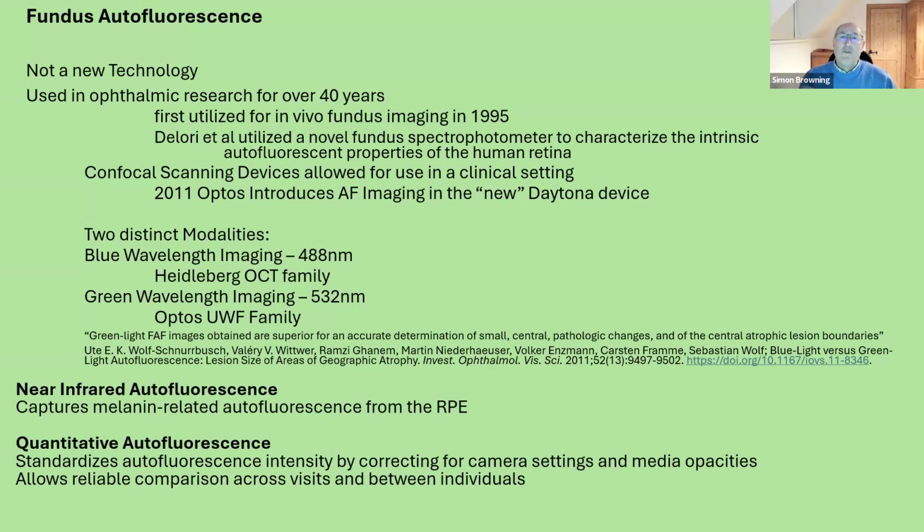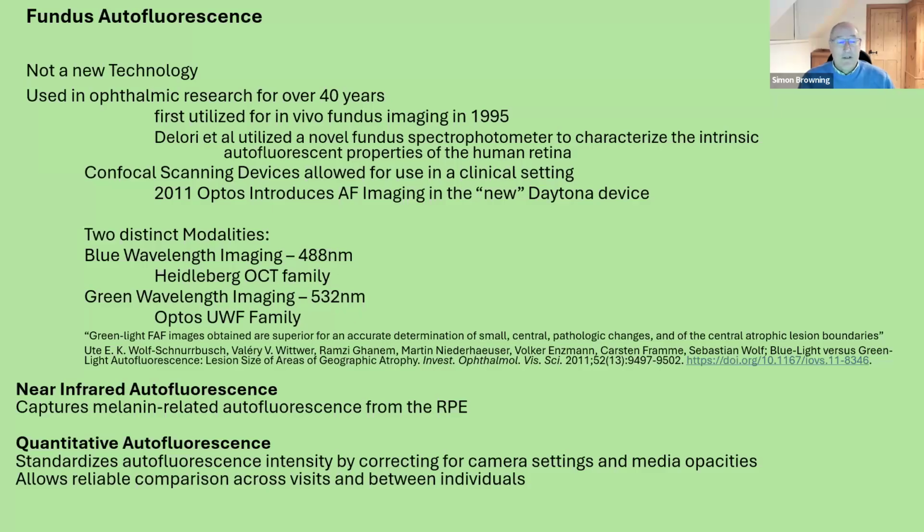Now, when we talk about what I call high street autofluorescent imaging, we're really talking about two different modalities. There's one that utilizes a blue wavelength of light around 488 nanometers, and you'll see that mostly in the Heidelberg OCT family of things. And then you've got those that utilize the green wavelength imaging around 532 nanometers, and that's what you'll see in the Optos ultra wide field family. Now, if you went to anybody who's a fan of Heidelberg, they'll tell you the blue wavelength is definitely better.